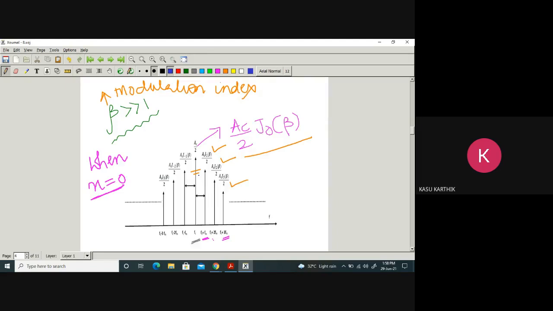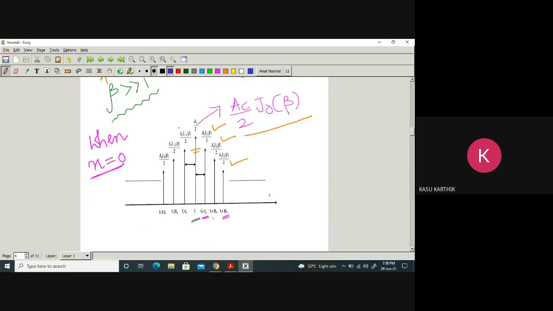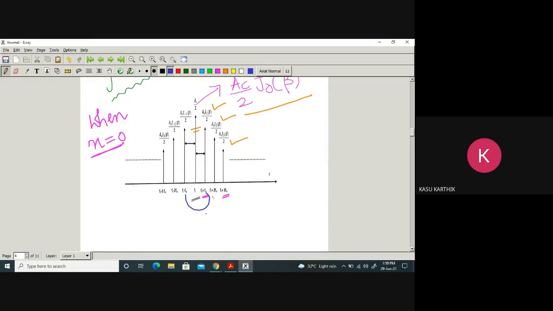We call these two the first pair of sidebands. What are they? Components at Fc minus Fm and Fc plus Fm.